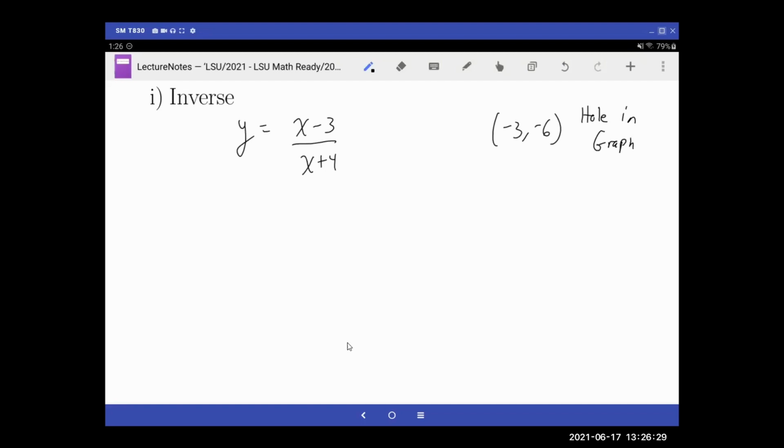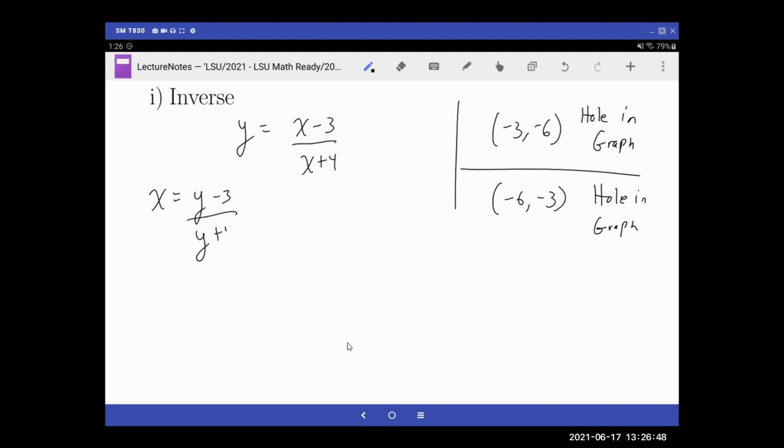So for the inverse, all the x's and the y's are going to switch. So for the inverse, -6, -3 will be a hole in the graph. So x equals y minus 3 over y plus 4, right? We invert our x's and y's.